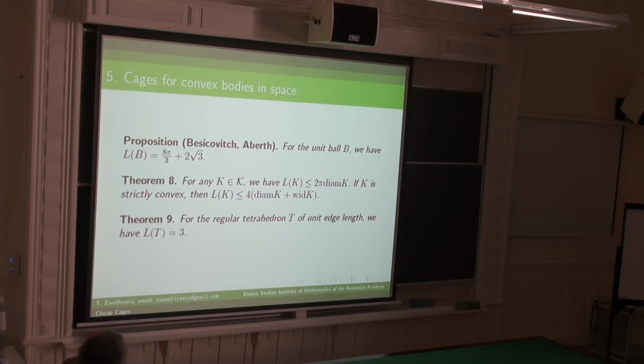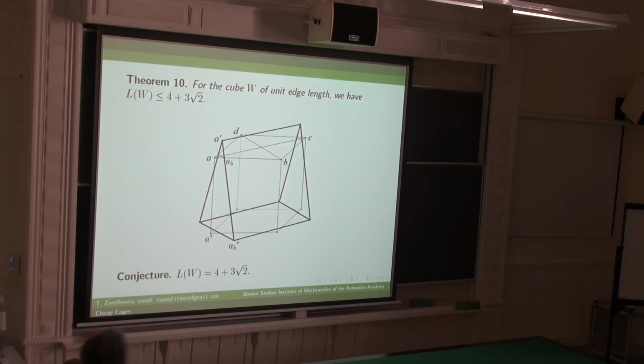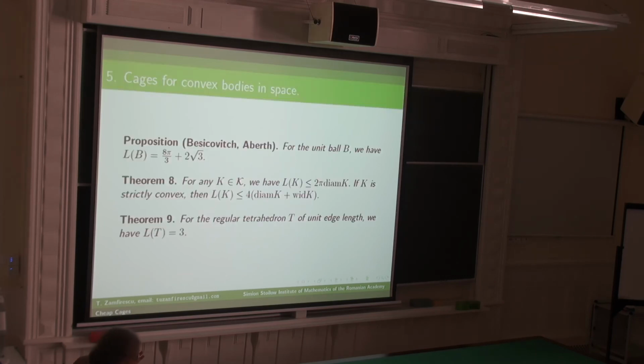For the regular tetrahedron of unit edge length, we have what you see here. The proof here is again maybe 2 pages long, but I don't present it. I don't really have time, but I anyway cannot give you the proof.